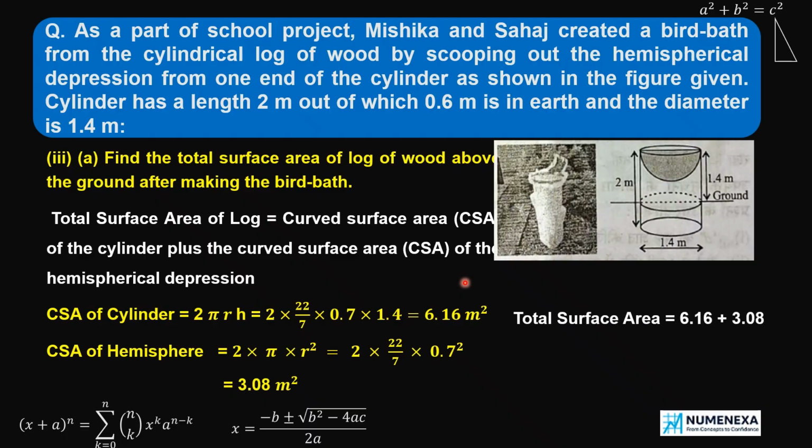Therefore, the total surface area of the log of wood will be 6.16 plus 3.08, which gives you 9.24 meter square as the total surface area of the log of wood above the ground.